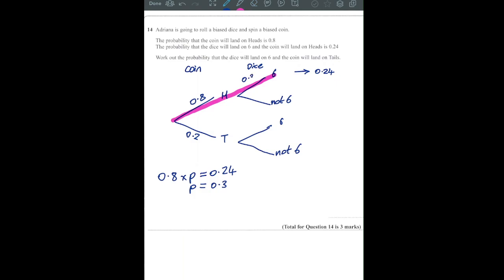So our tree diagram says that number there had to be 0.3. Well, then the other bit's 0.7. The opposite of rolling a 6 is not rolling a 6. But the dice doesn't know what the coin did, so that exact pairing should be down here as well.